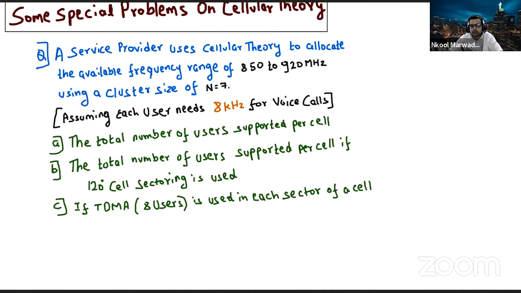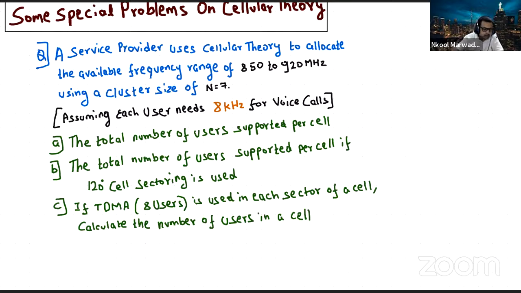So 8 users can access a particular frequency channel simultaneously. If it is used, calculate the number of users in a cell. So this is the complete scenario given to us.